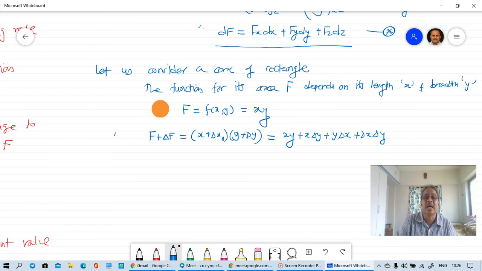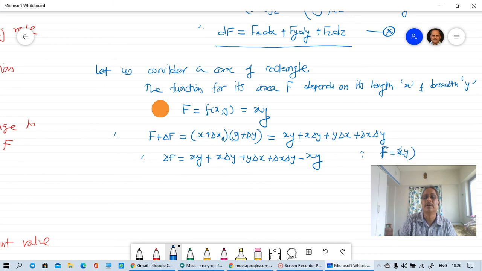Now this f on the left hand side can be taken on the right side. Therefore I can write delta f is equal to xy plus x into delta y plus y into delta x plus delta x into delta y minus f, and f of xy is simply x into y, since capital F is equal to x into y.